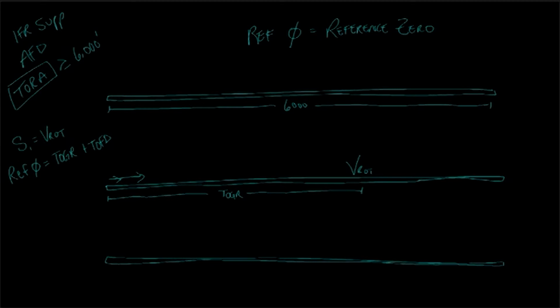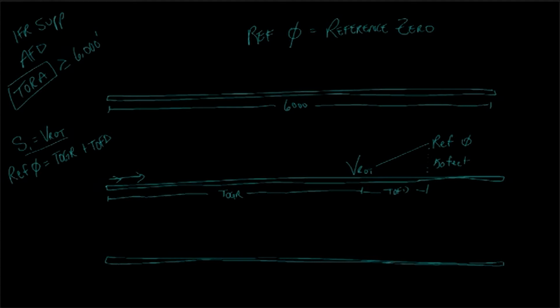When we hit rotation speed and rotate to take the aircraft airborne, we reach reference zero. So from rotation speed to the point in space where we reach 50 feet above the runway, that distance is called takeoff flare distance. And when S1 equals rotation speed, reference zero is calculated by combining takeoff ground run plus takeoff flare distance.